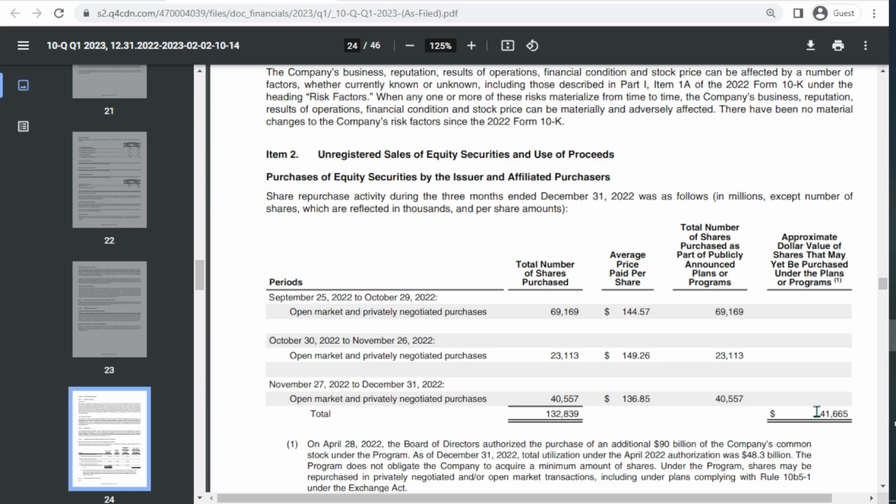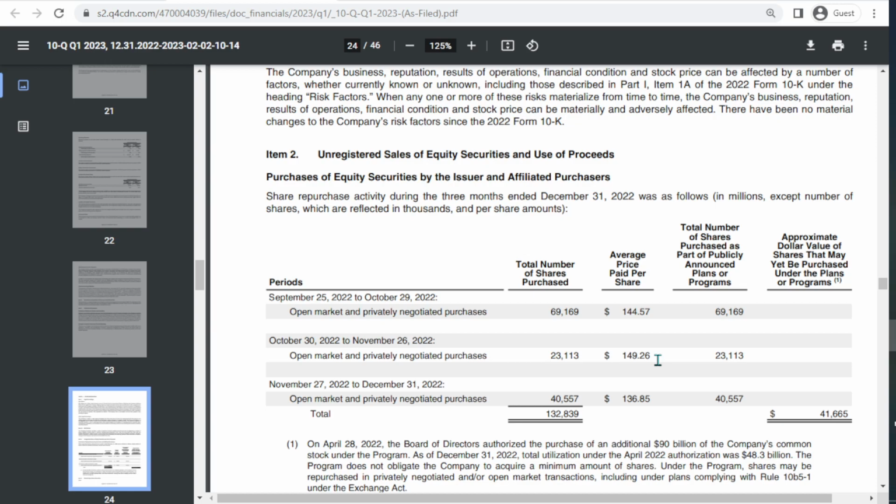So, on average, Apple, they purchase about $20 billion of shares a quarter. So, it is nice to see this data because, maybe these can act as support levels. Who knows? I mean, if we're just looking at this, we know that there is support on Apple around that 150 level. We also know that there's support on Apple around that 137 level. So, hey, you know what? Maybe if we're just looking at this, these can be areas of support because we know that Apple was purchasing shares here.